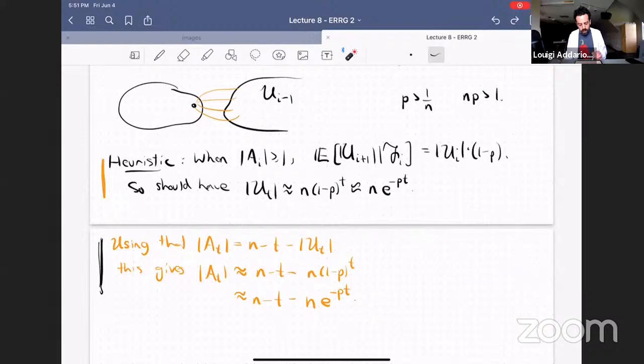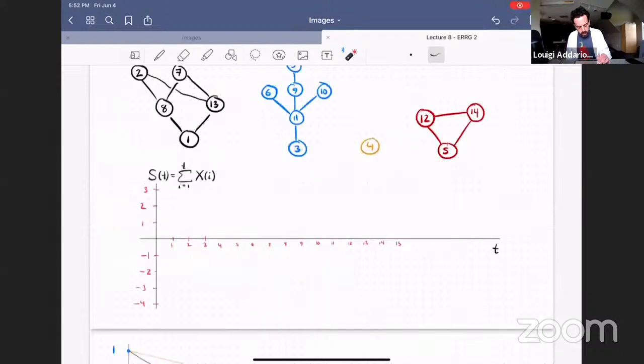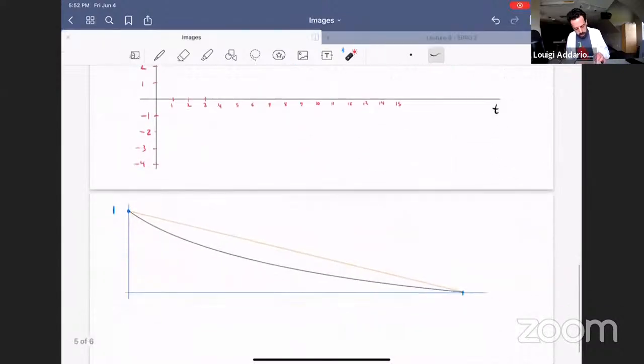And then eventually, as t gets larger, this term gets closer to 0, the relation between the two changes, and this heuristic starts to suggest that the size of the active set should get smaller.